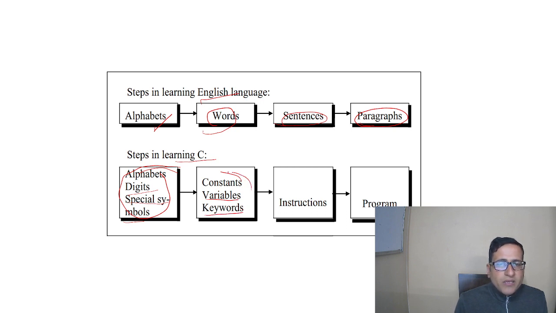These constants, variables and keywords help us to make the C program instructions, and the combination of these instructions makes a program, and our aim is to make a program.